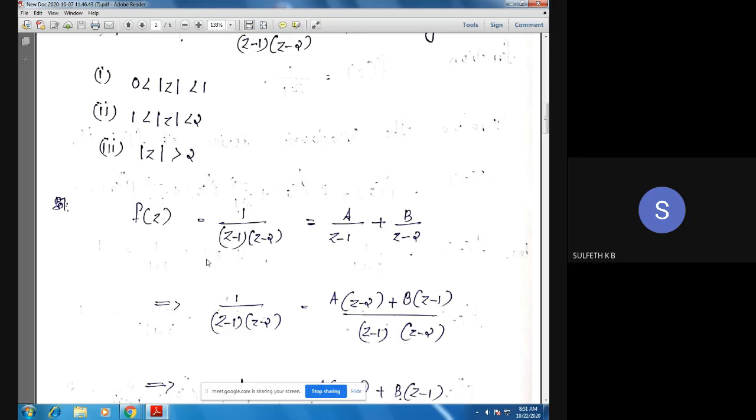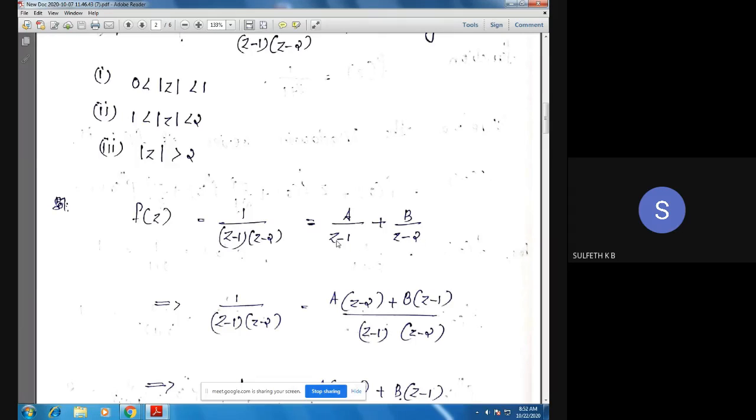We have the function f of z as 1 divided by (z minus 1) into (z minus 2). We have the denominator in a multiplication form or factor form, z minus 1 into z minus 2. Therefore, we want to change the denominator as the sum of these two terms.